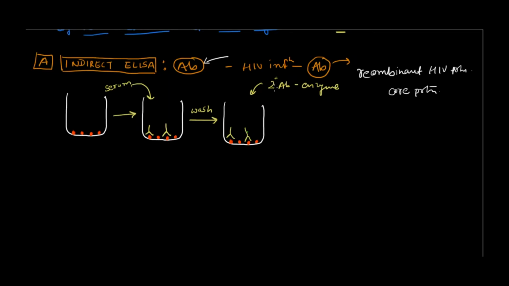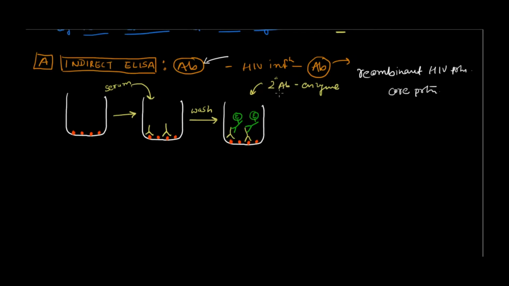Okay, these are the anti-antibodies. Alright, so they can bind to the FC portion of this primary antibody, and they are conjugated with enzyme. So let's first see that in the FC portion these secondary antibodies would bind, which is conjugated with enzyme.